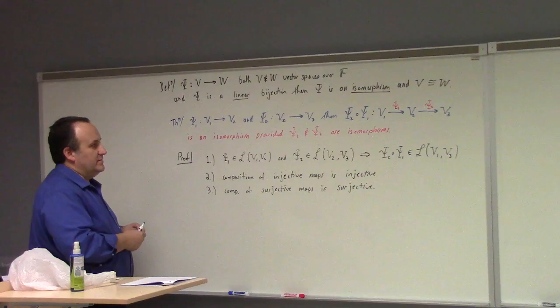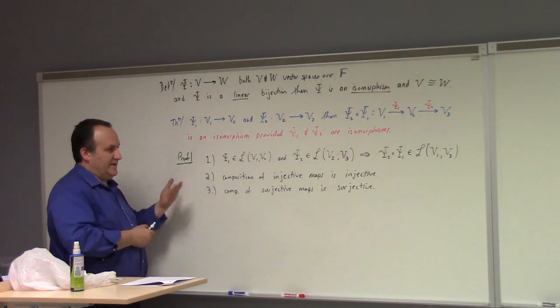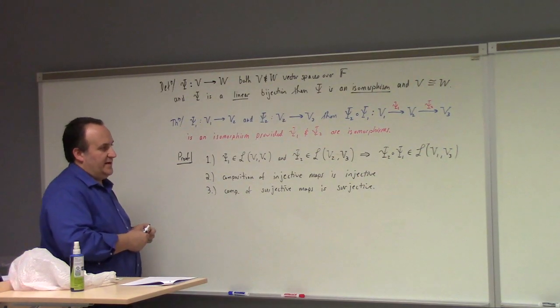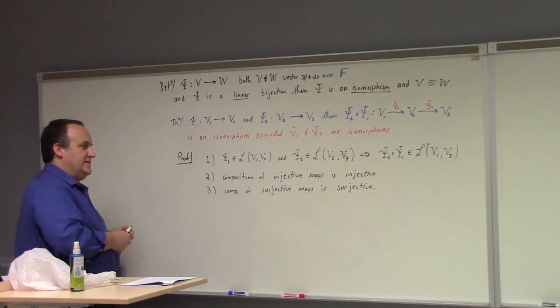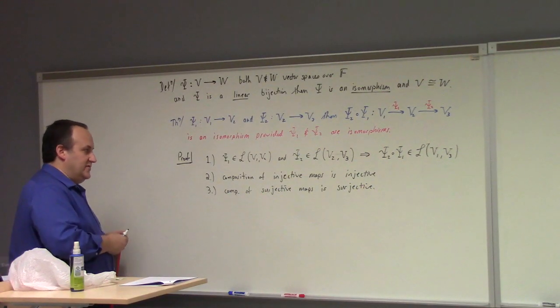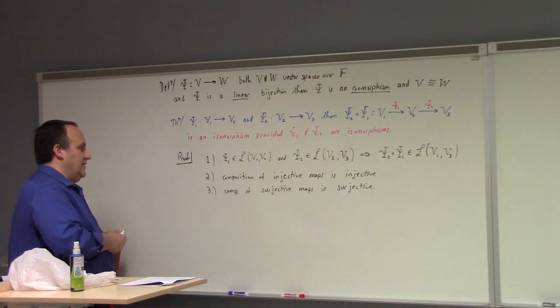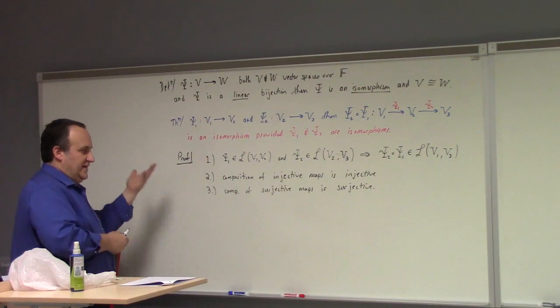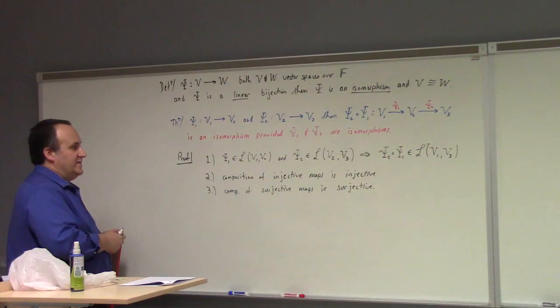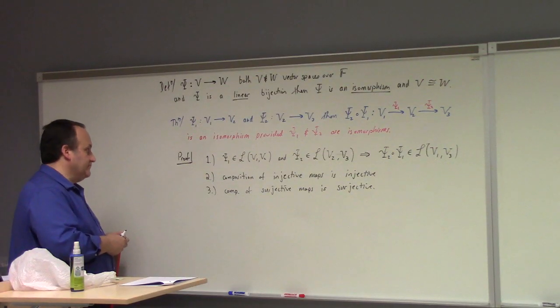What would the kernel of the composite be? We could argue that the kernel had to be just containing 0 as a result of the kernels of psi 1 and psi 2 just being 0. Anyway, this is just a sketch, but you can prove that the composition of isomorphisms is an isomorphism.